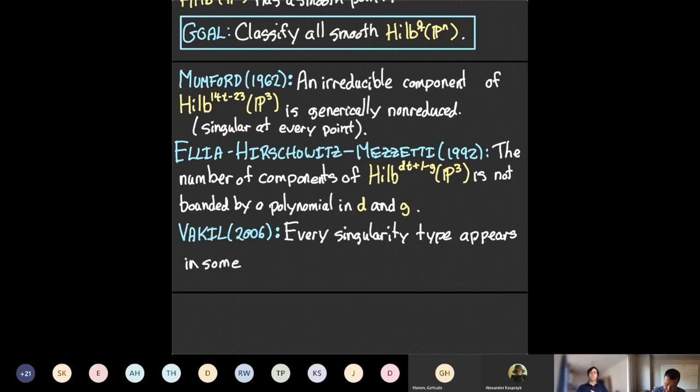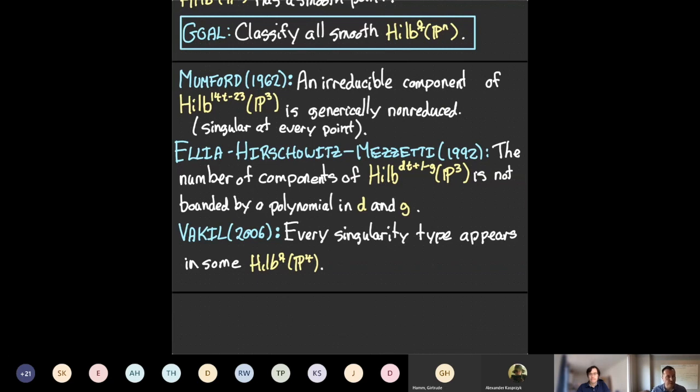Hilbert scheme. And in fact, Ravi proves that this holds for many moduli spaces, not just the Hilbert scheme, but in particular, it's enough to consider Hilbert schemes in P4. He doesn't even need the ambient space to be very large to show that every singularity type appears. So this is, in some sense, the bad news.